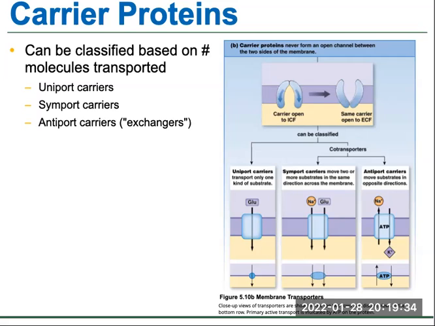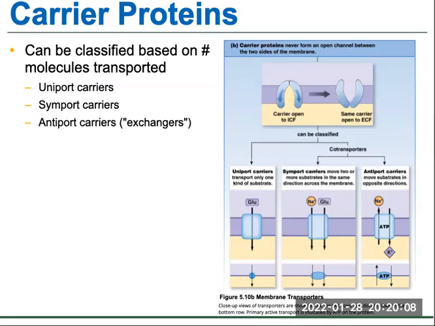Small organic molecules, such as glucose and amino acids, are too large to pass through protein channels, so they cross the membrane using carrier proteins. Ions are much smaller, and in addition to using ion channels to cross the membrane, sometimes they may also move across the membrane using carrier proteins.